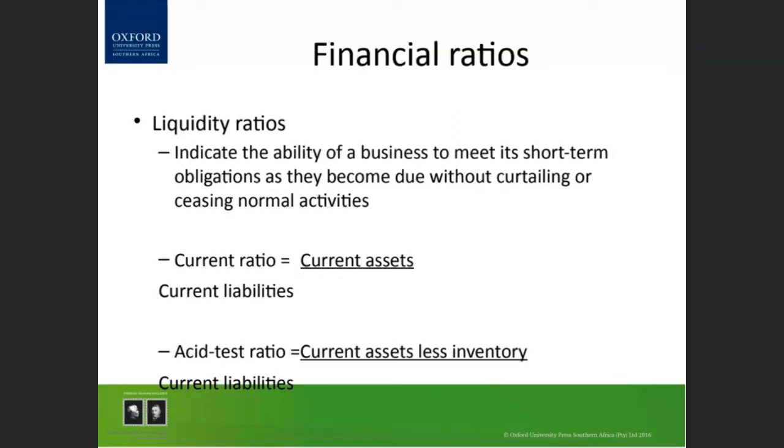So you should go a step further and also calculate the acid test ratio, whereby you calculate that liquidity without relying on stock to pay your short-term creditors or to pay your current liabilities. So you should remove stock from your current assets to calculate the acid test ratio.